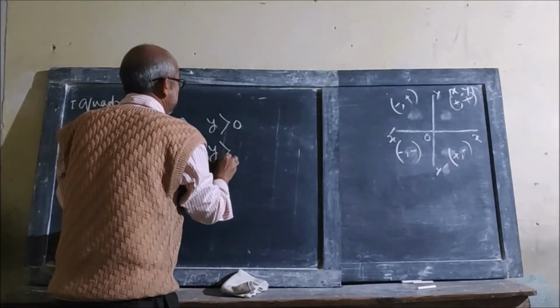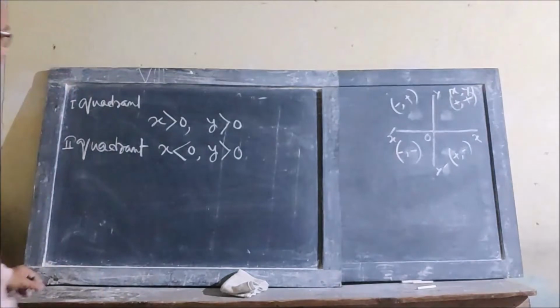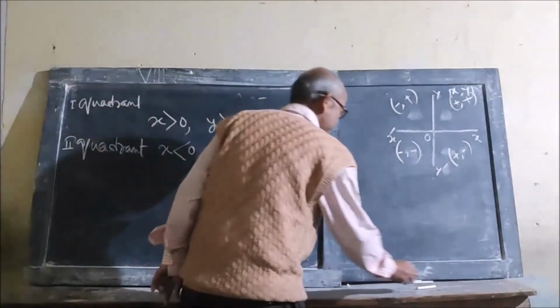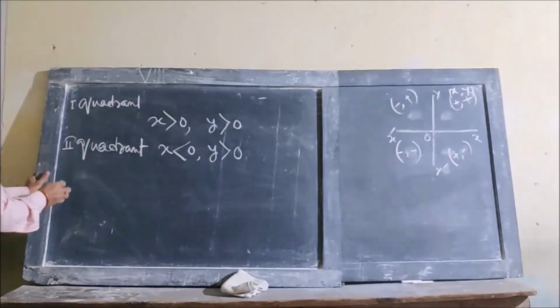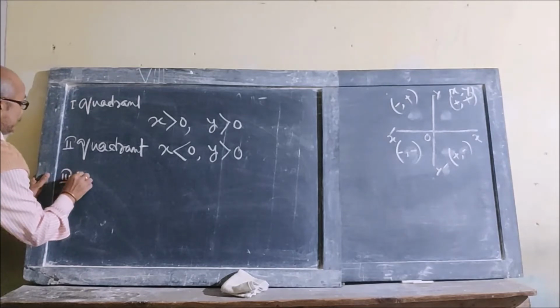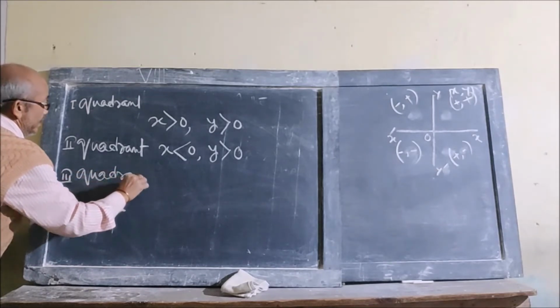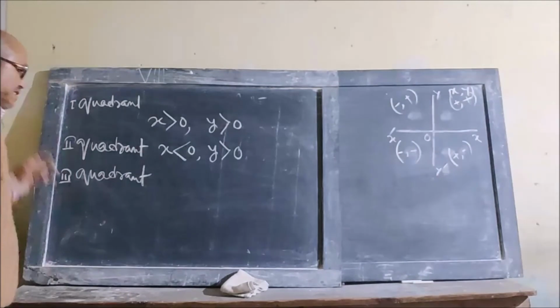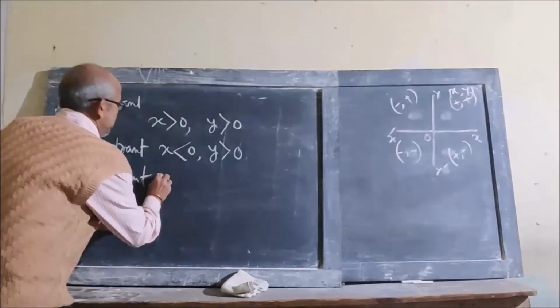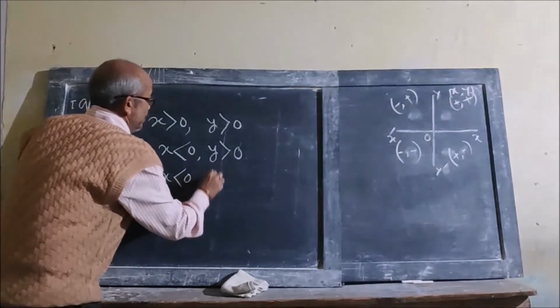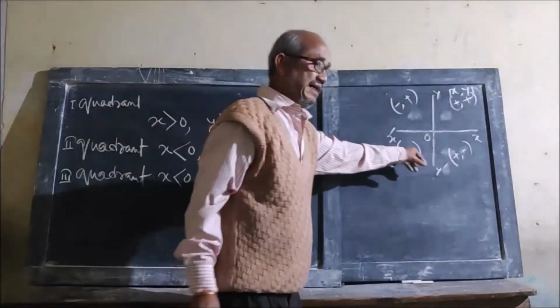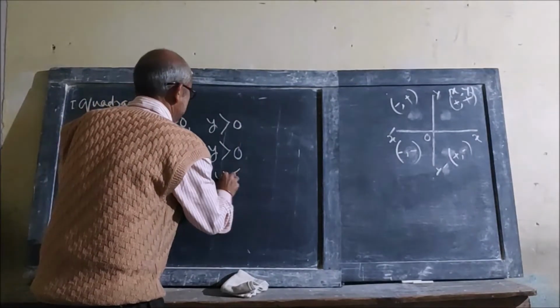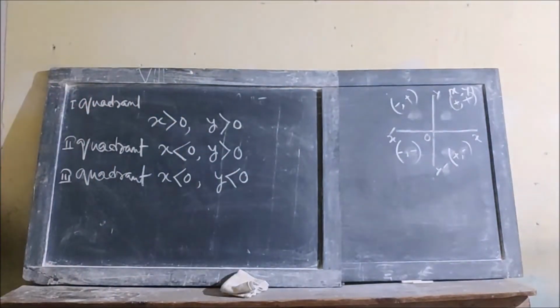In the third quadrant, x is less than 0, but y is also less than 0.